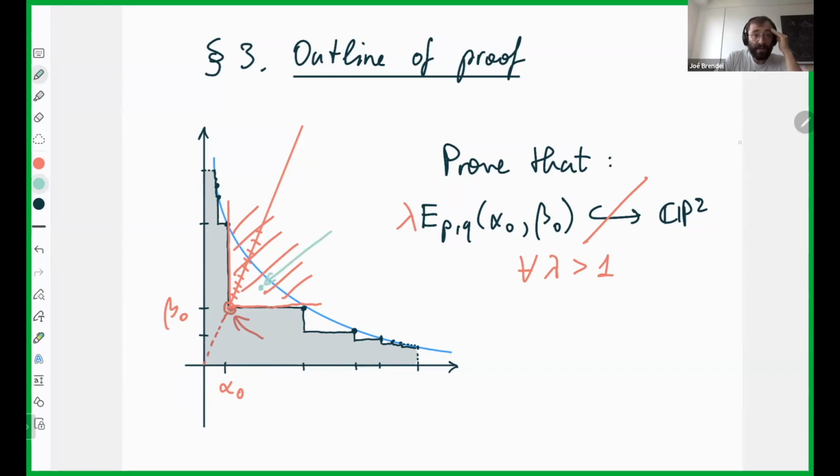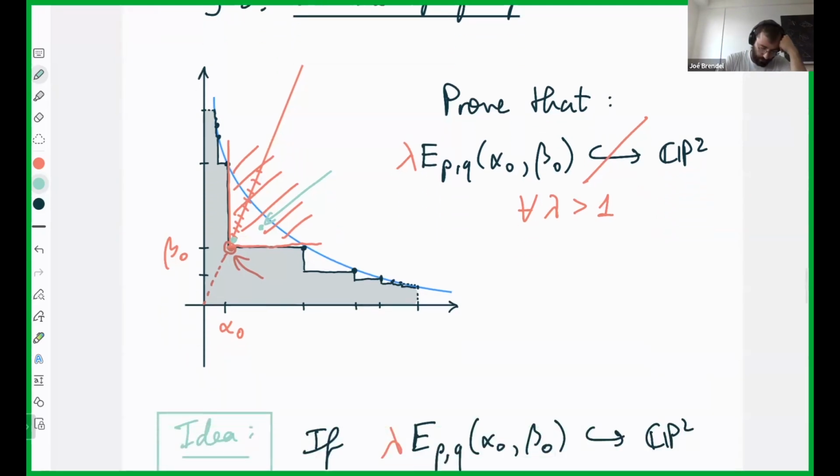If for this point there was an embedding, then by taking alpha and beta smaller, I could take a subset and get an embedding somewhere very close to this point and on the red line, which was forbidden. So if I prove this one obstruction, then I get this whole quadrant obstructed.